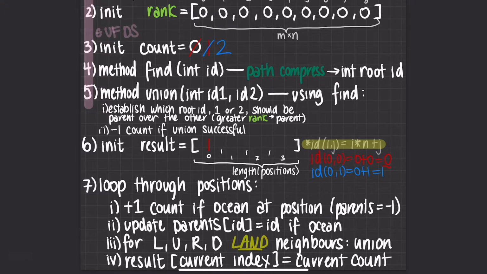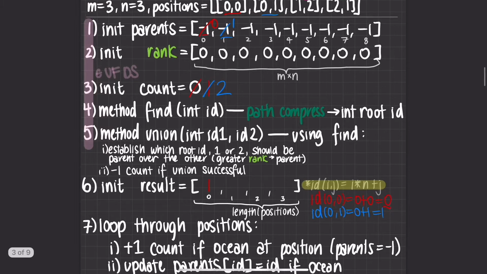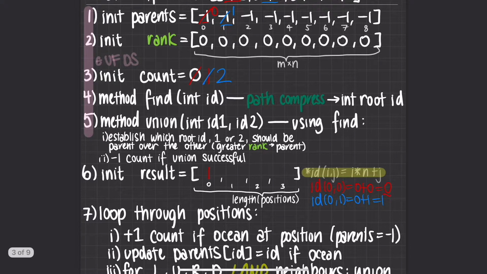Then for left, up, right, and down, we're going to see if any one of them is a land plot within bounds. And indeed, we do see that (0, 0) is. Why? Because at (0, 0)'s respective ID, which is index 0, we have a non -1 parent, meaning that its neighbor (0, 0) is a plot of land. So what this means is we need to use union.